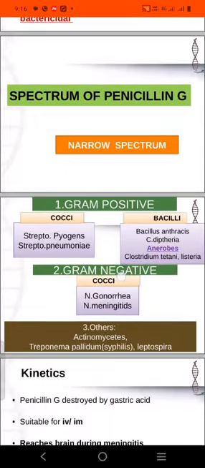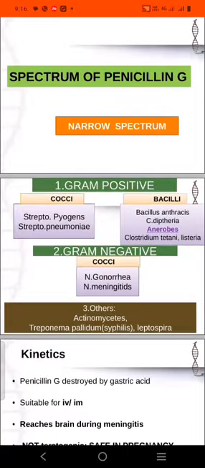So spectrum of penicillins, if you see the spectrum of activity, penicillins are narrow spectrum compounds. What do you mean by narrow spectrum? They are effective against either gram-positive or gram-negative organisms.